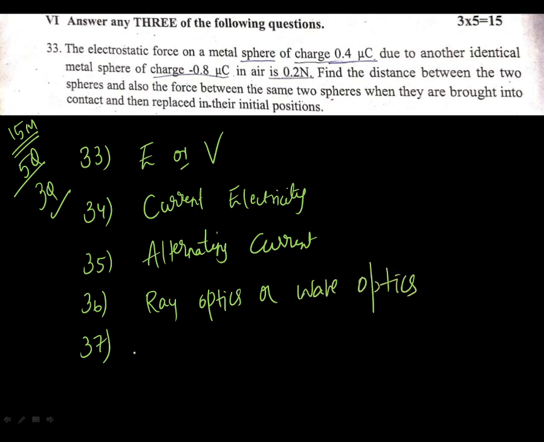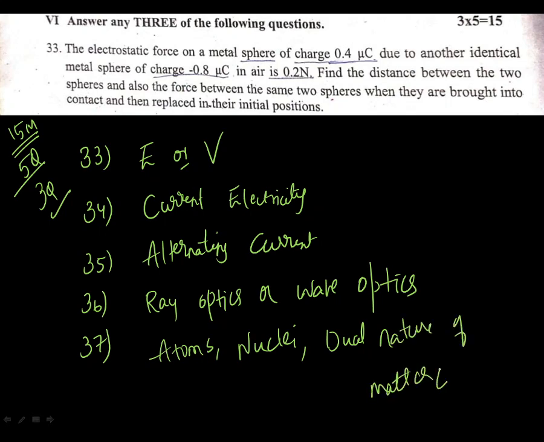Whereas question number 37 is filled with huge competition because it is either from atoms or from nuclei, or sometimes the question may be asked from dual nature of matter and radiation. So these are the chapters out of 15 chapters on which every student needs to focus to get those 15 marks, which is exclusively for numerical purpose.